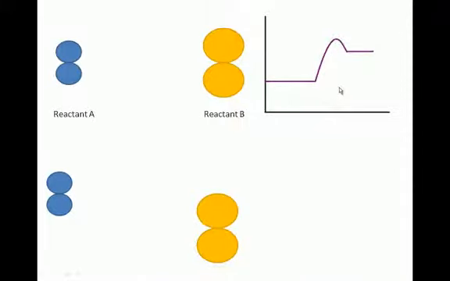So we're going to look at two reactants, reactant A and reactant B right here, and they're going to have correct alignment when they hit. Reactant A is going to come in and strike reactant B with the correct alignment.